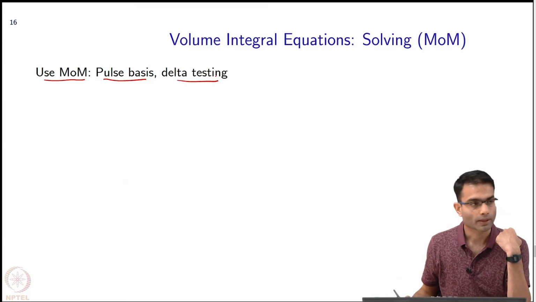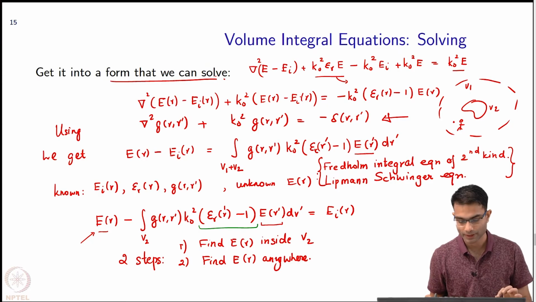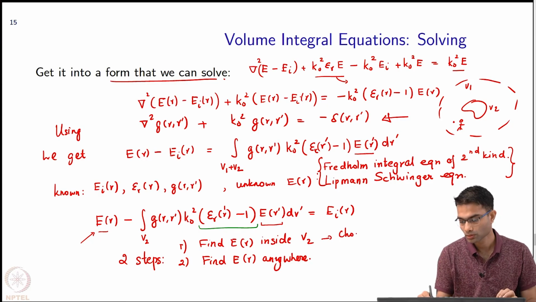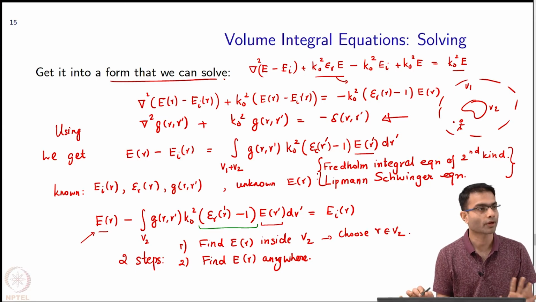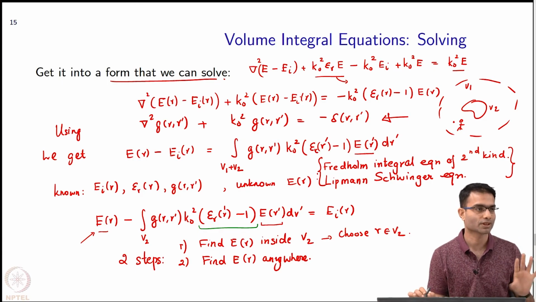Okay, so let's look at it a little bit systematically. In the first step, I will choose R belonging to V2. In this equation, I will substitute R belonging to V2, various points, and solve it, which we will discuss how to solve. At the end of it, I know E of R completely inside V2.